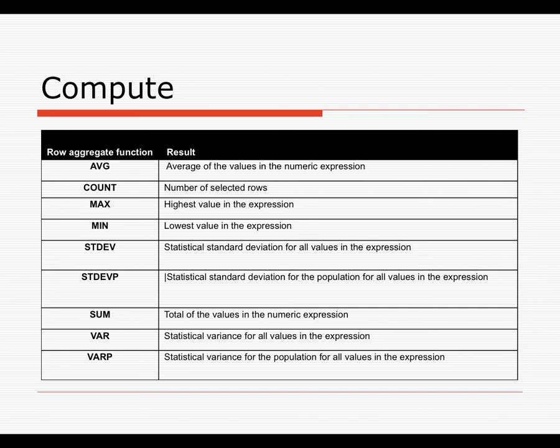The STDEV is statistical standard deviation for all values. The STDEV-P is the statistical standard deviation for the population. Sum, total of the values in the numeric expression. VAR is statistical variance in all values, and VARP is the statistical variance for all the population in terms of values in the expressions.